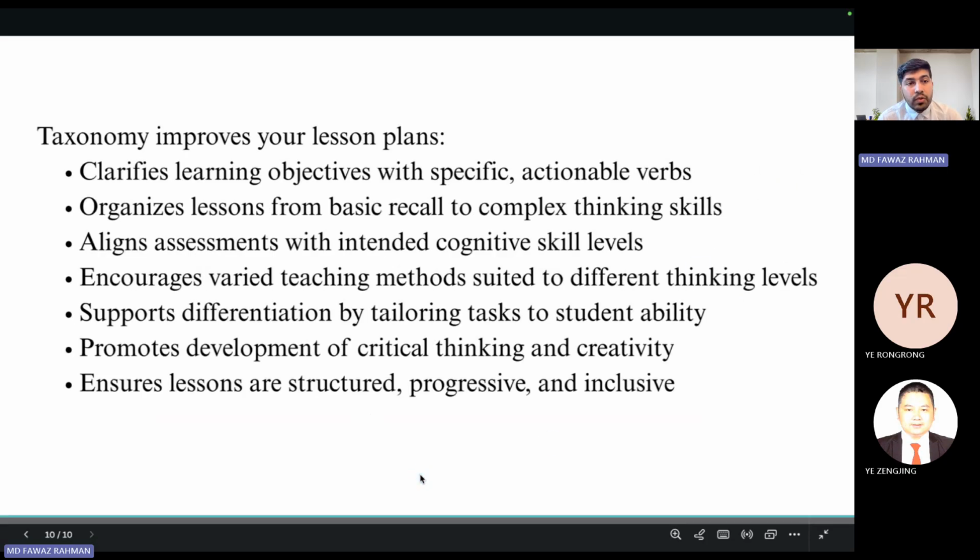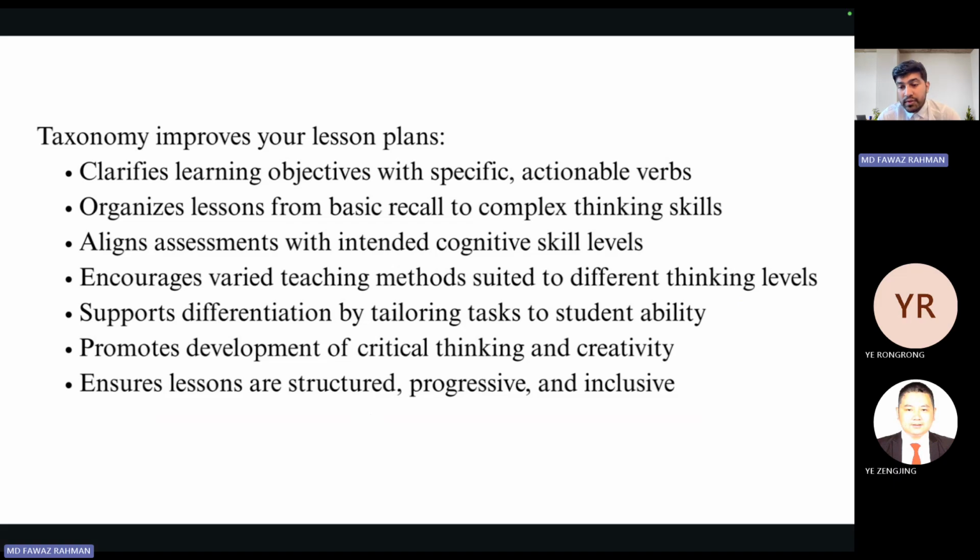And by using Bloom's taxonomy, what's improved in our lesson plan?